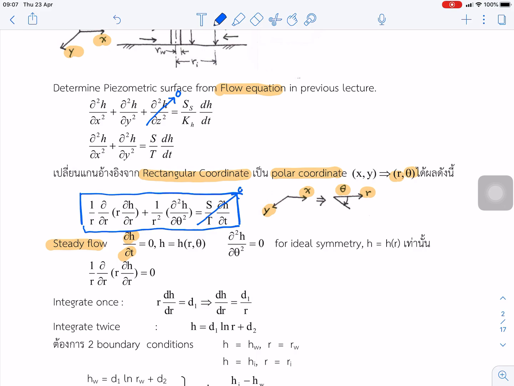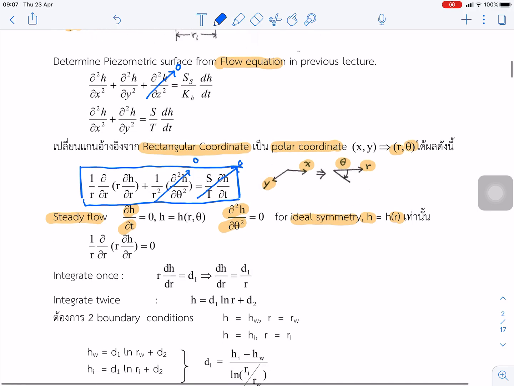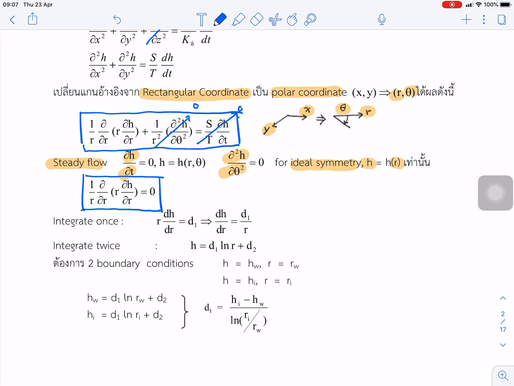Next, if we assume that the flow is axisymmetric, h is a function of radius only, so this term goes to 0 and we can cancel it. So we come up with just one term of the partial differential equation. Next we integrate once and twice.